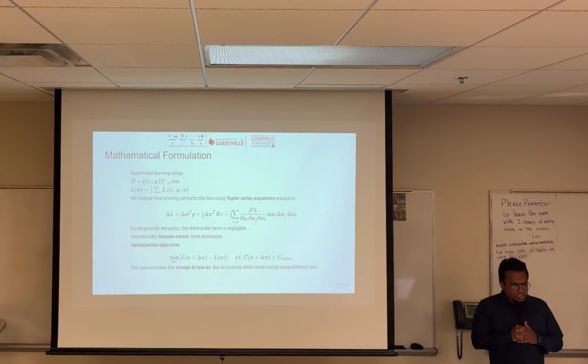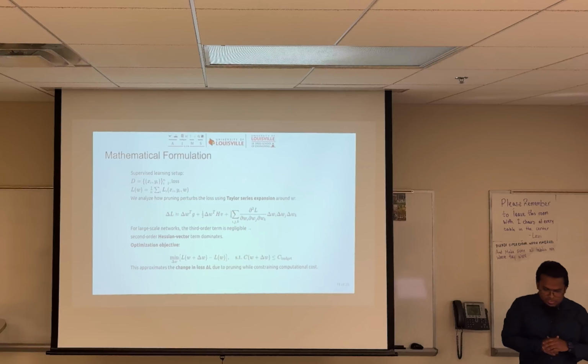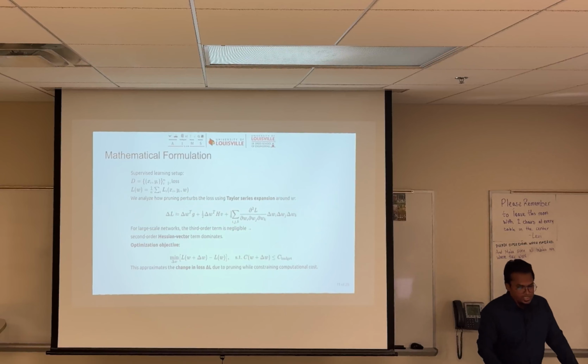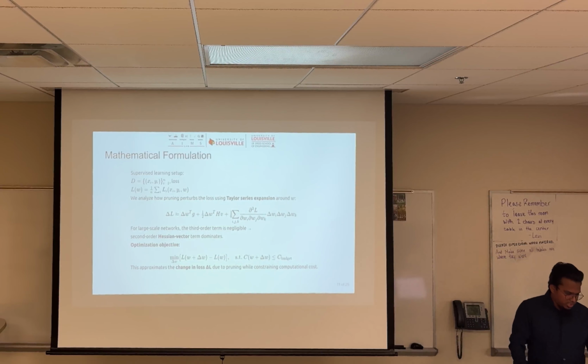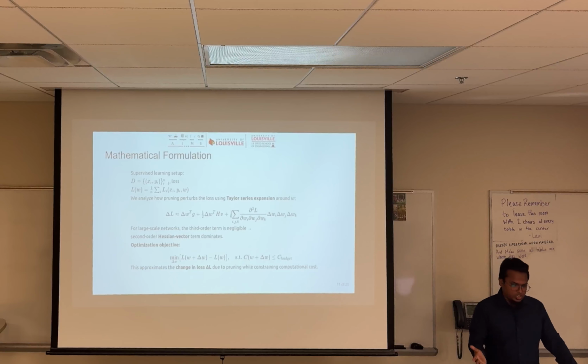Now the key question is, what happens to the loss when we prune these weights? To answer that, we take a Taylor series expansion of the loss L(w + Δw) around the current weights w, where g is the gradient, H is the Hessian matrix, and Δw is the change of weights after pruning.